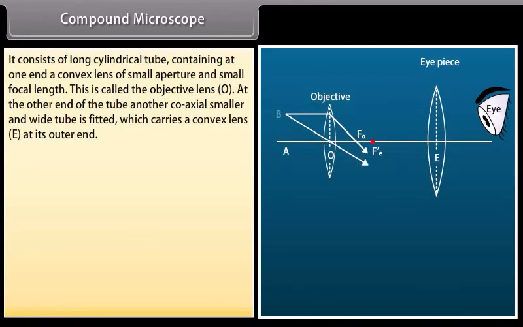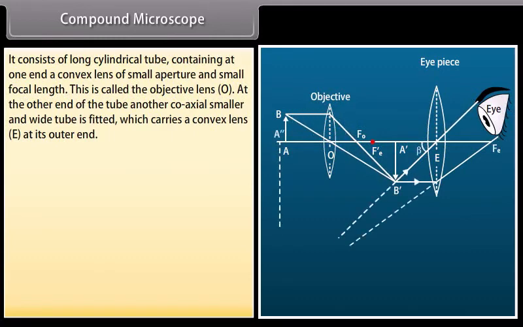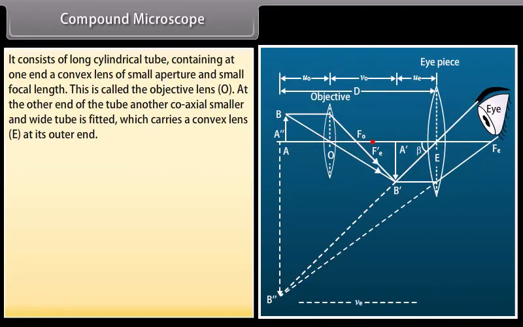Compound microscope. It consists of a long cylindrical tube containing at one end a convex lens of small aperture and small focal length. This is called the objective lens O. At the other end of the tube, another coaxial smaller and wider tube is fitted which carries a convex lens E at its outer end.